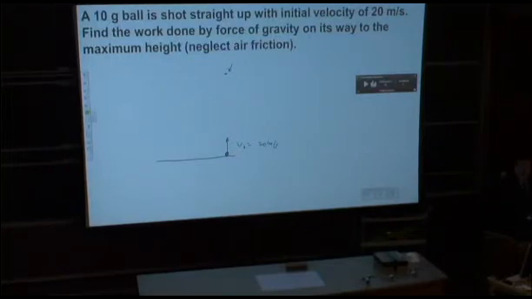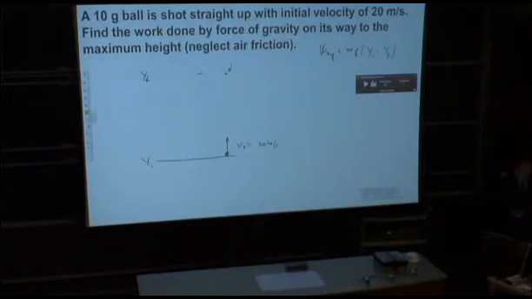That's when the maximum height is reached. This is our initial height, and this is our final height. And we need to calculate the work done by the force of gravity. And the work done by the force of gravity is equal to m times g times (y initial minus y final). That's the work done by gravity.